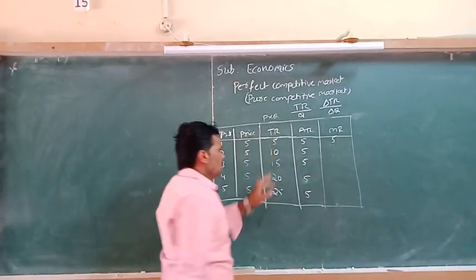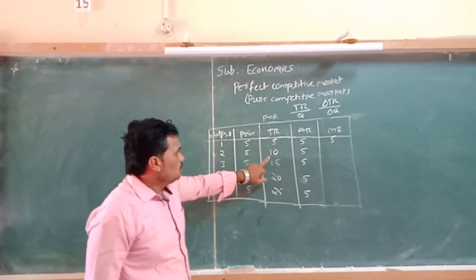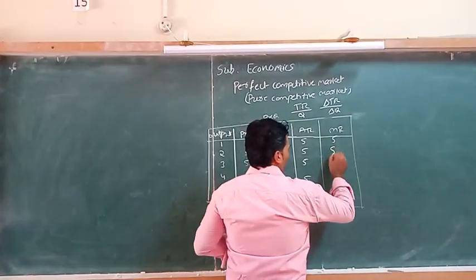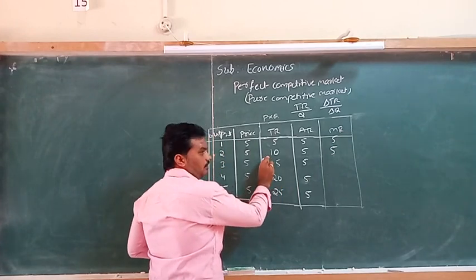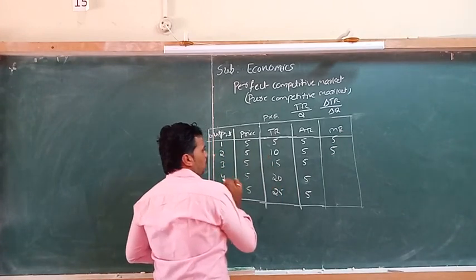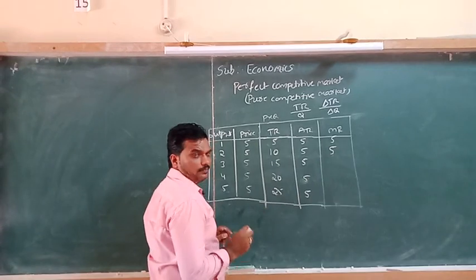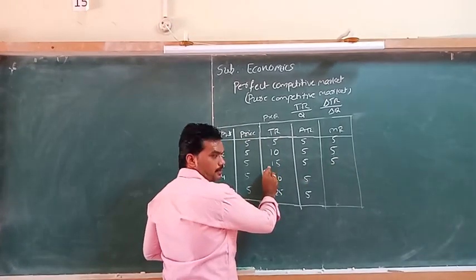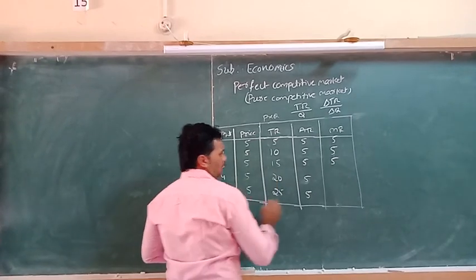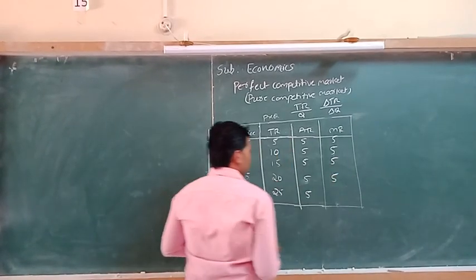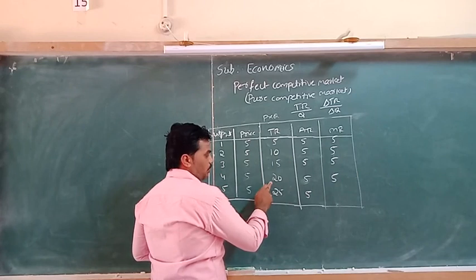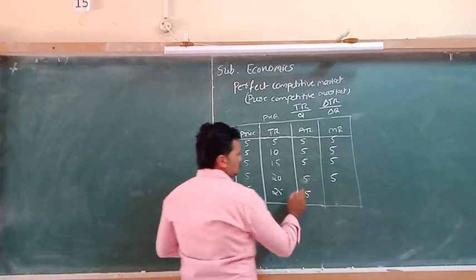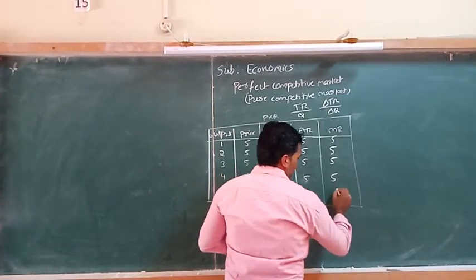Second unit, 10 minus 5, 5, divided by 1, 5. 15 minus 10, 5, divided by 1, 5. 20 minus 15, 5, divided by 1, 5. Then 25 minus 20, 5, 5 minus 4, 1, that is 5 divided by 1, 5.